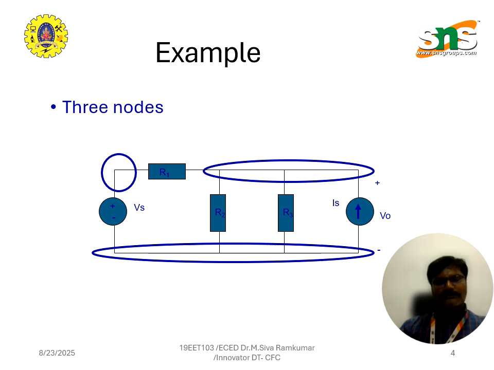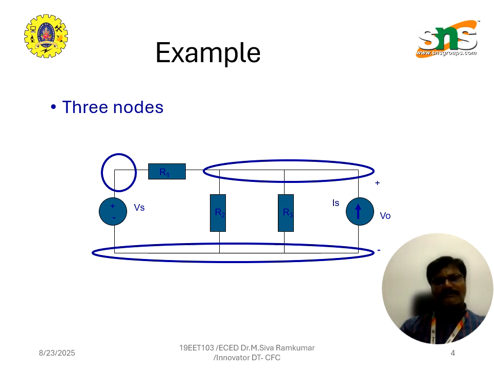The first node is the bottom line, the common ground connection, which ties together the negative terminal of the voltage source, the lower ends of R2 and R3, and the current source. The second node is the left top, where Vs meets R1, and the third is the right node, the point where R1, R2, R3 and the current source are all connected together.